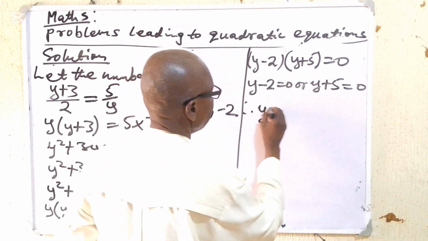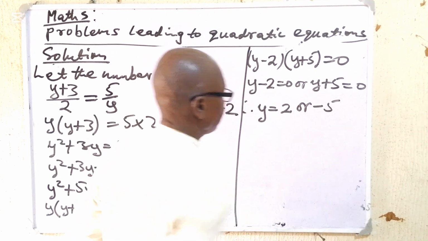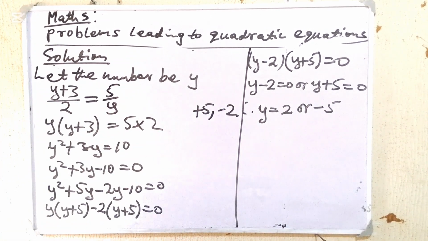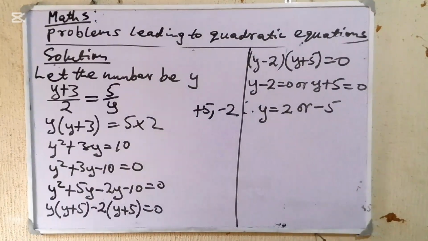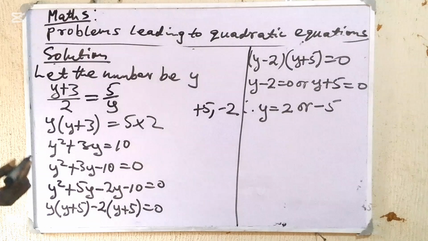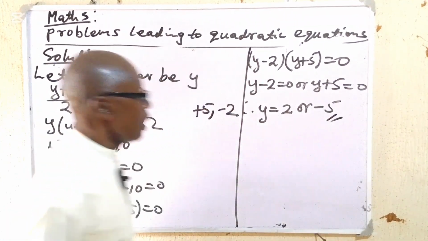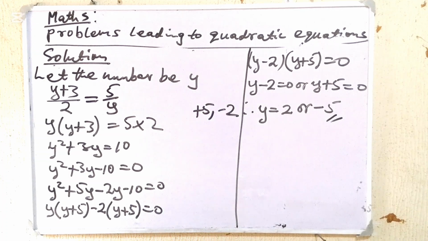Therefore, y is either 2 or minus 5. So these are the numbers that answer the question. If you check any of the values, you will discover that what we have is correct. So we have y equal to 2 or minus 5.